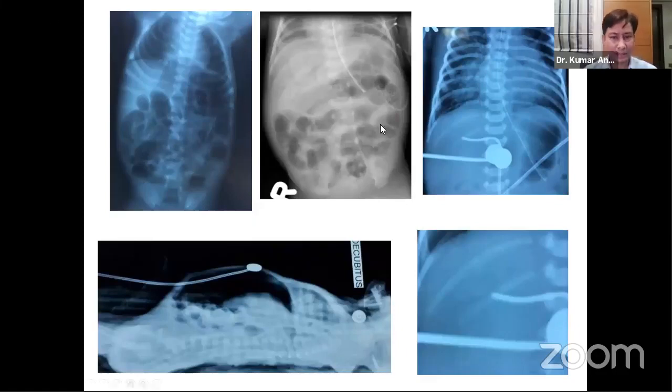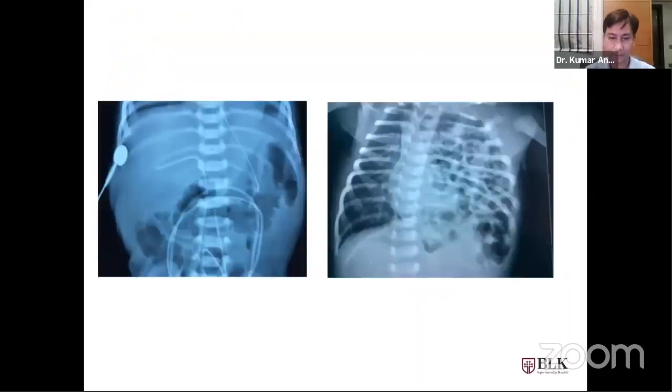There are other conditions you can also look for, like gas under the diaphragm, portal venous gas, or sometimes the umbilical venous line not being in position. So you can diagnose these on the same X-ray while going for a chest X-ray. In this X-ray, you can see a lot of portal gas, and this was a term infant.